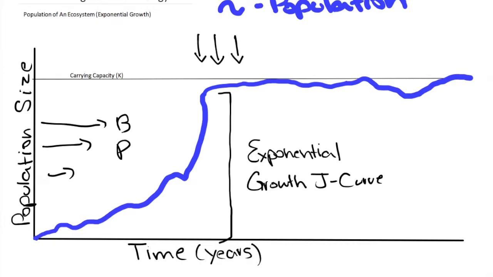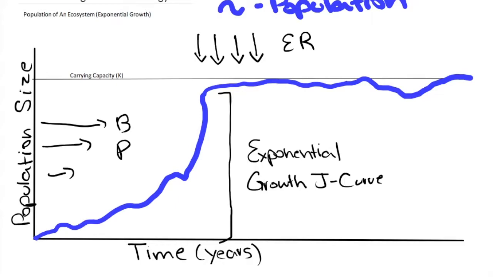Environmental resistance really helps the carrying capacity of an ecosystem help sustain the population. So over here, we'll call it ER for environmental resistance. What environmental resistance basically is, is the environmental factors that limit and affect the population growth. For example, food, climate, competition, and shelter, right?